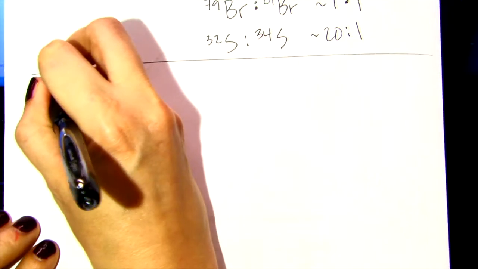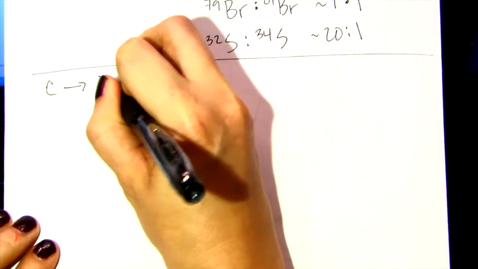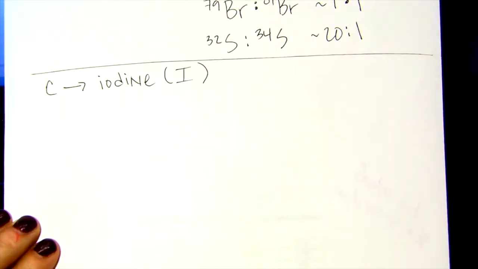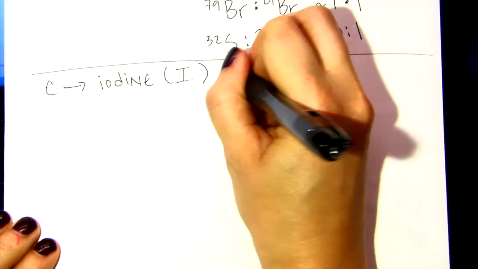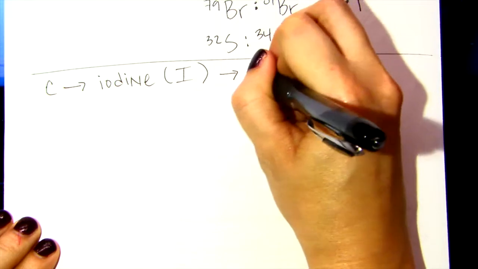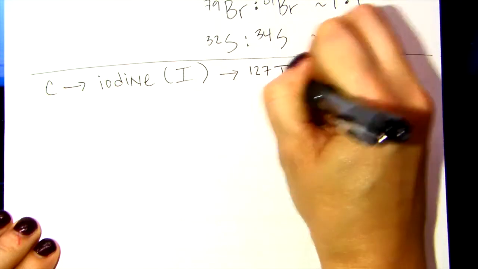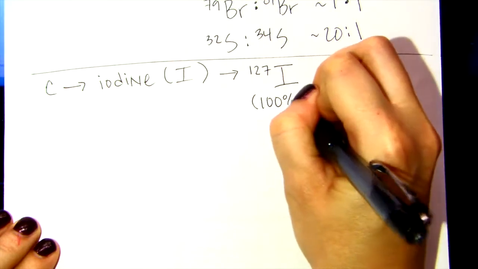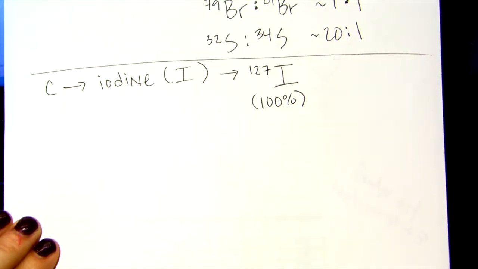And so the next one we're looking at is iodine. Iodine doesn't really have an isotope pattern, but its major isotope is iodine 127, and that's virtually 100% of all naturally occurring iodine. Almost all of it is 127.